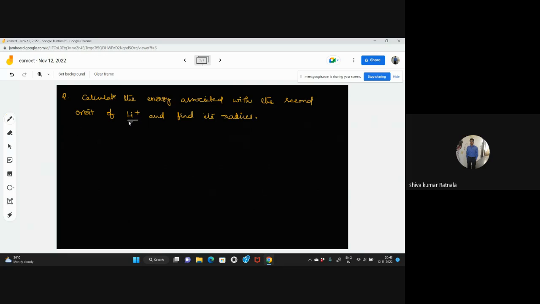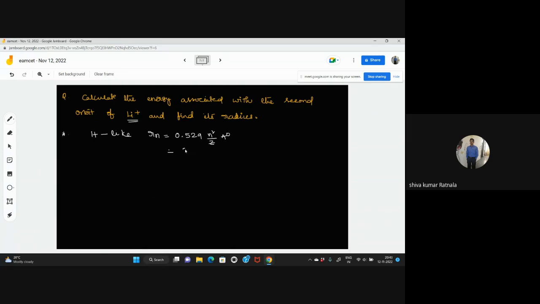La plus is a hydrogen like atom, right? For hydrogen like species the radius formula is Rn equal to 0.529 into n square by Z angstrom units.